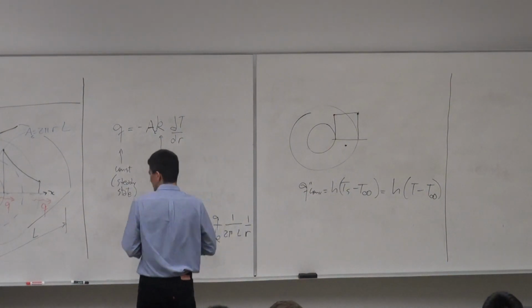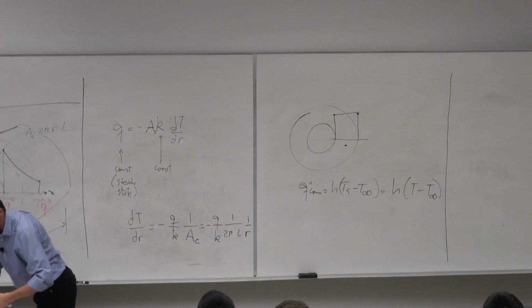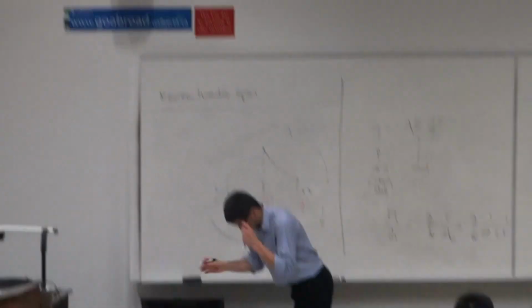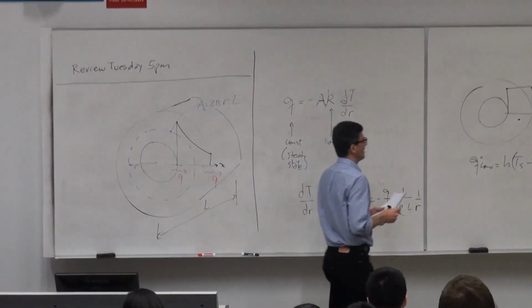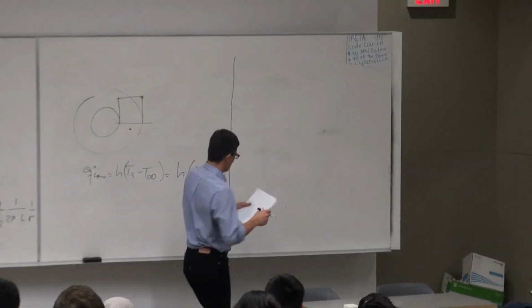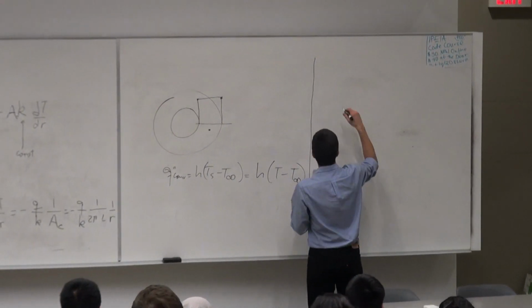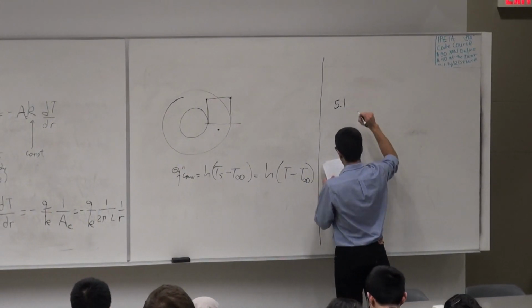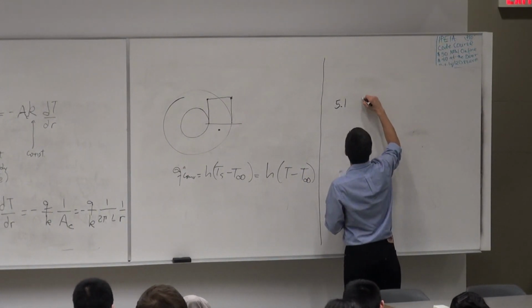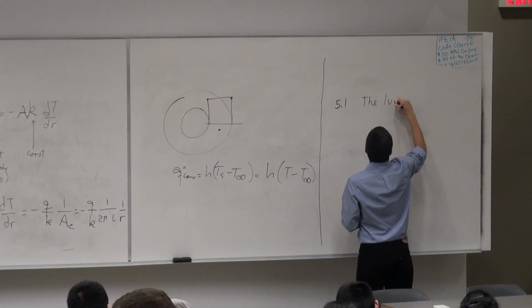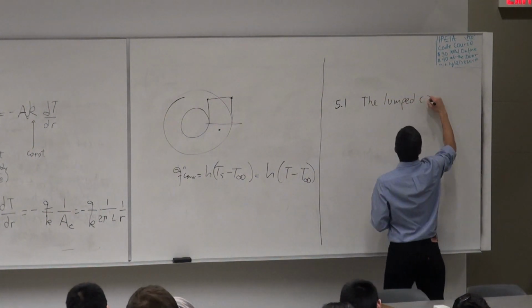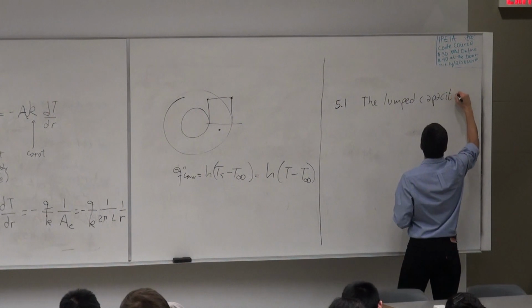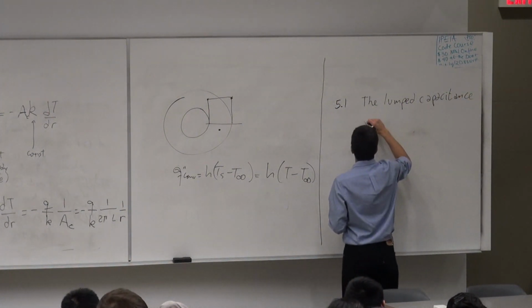So this methodology, or this big lie that is so incredibly convenient, is in the book section 5.1, and leave room here for the bigger title, I'll give you in a second. It's called the lumped capacitance method.